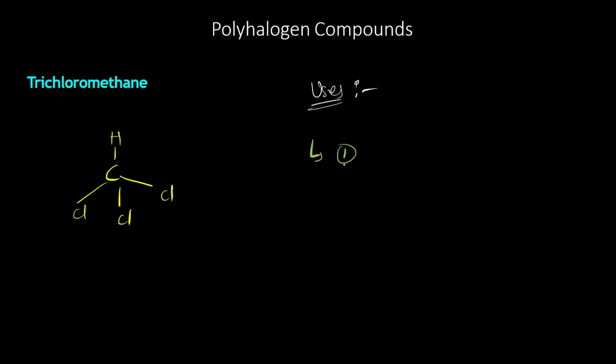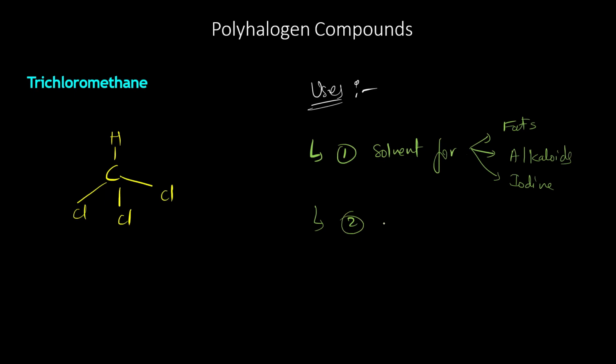They can act as a solvent for fats, in the sense you can take lipids, fats, alkaloids, iodine. All these can be soluble in this. It is also useful for the production of freon. I'll tell you what this freon is. It's also one of the polyhalogen compounds. Remember, these freons are used in fridges, so they act like refrigerants.